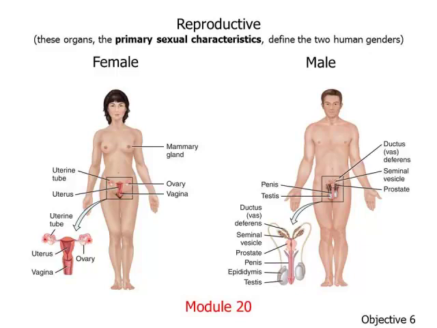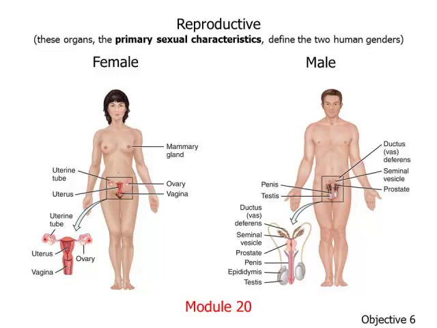What we call the primary sexual characteristics, that is what defines a woman or what defines a man. What defines a woman is an ovary and a uterus, and the connection between the ovary and uterus, which is called the uterine tube. Most people will call those fallopian tubes, which is an older name for that same structure.